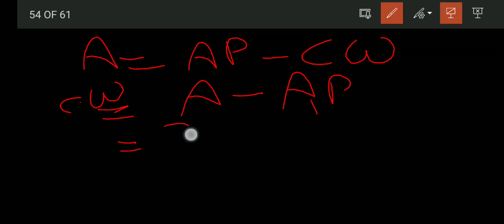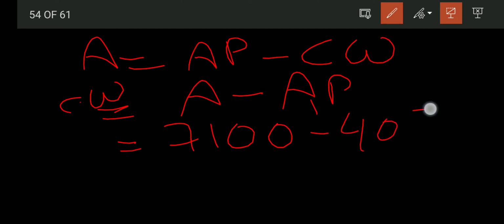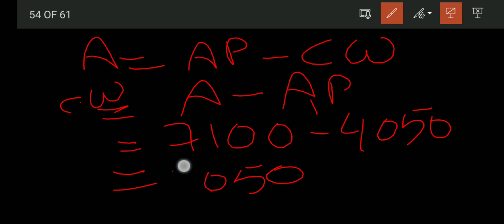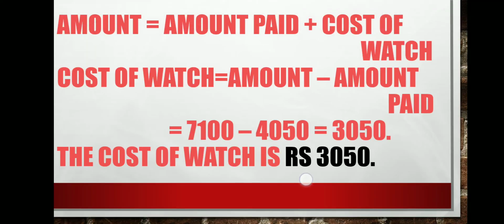So amount is 7,100 and what she paid was 4,050. Now we'll subtract this 4,050 from 7,100. 0, 10 minus 5, 5, 0, 3. So rupees 3,050 is the cost of the watch.